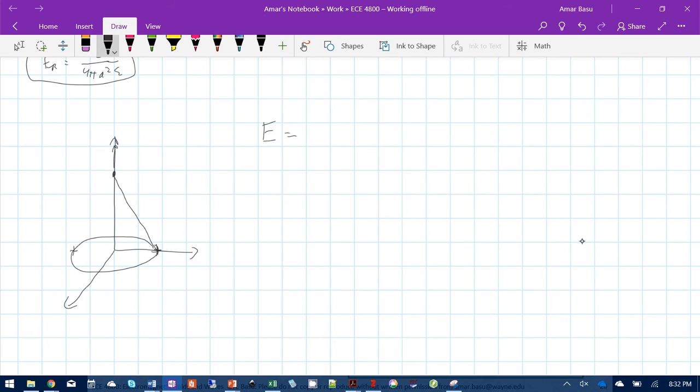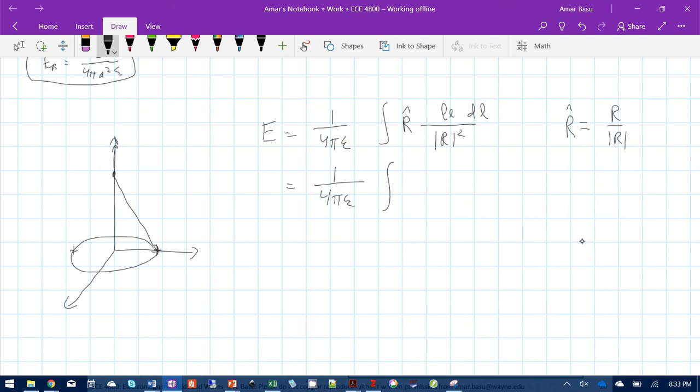E equals 1 over 4 pi epsilon, the integral of r hat over r squared, rho L. Now, if you remember from our discussions with Coulomb's law, r hat is equal to the vector r divided by the magnitude of r, the unit vector in the r direction.